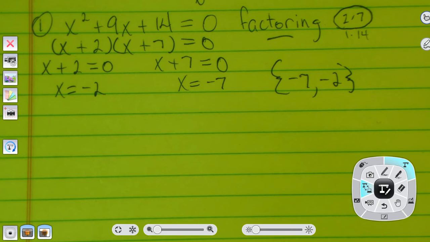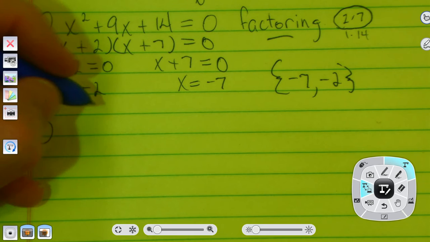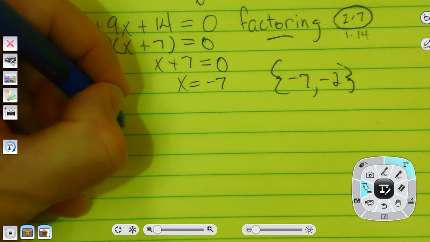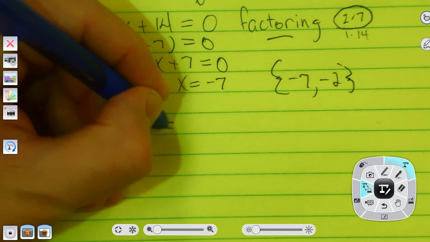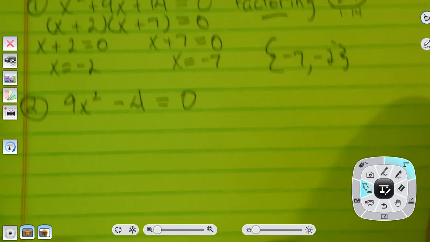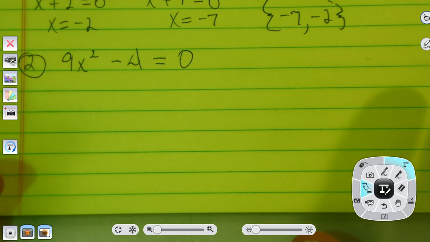We're actually going to look at 4 examples. Let's look at a second example. This one is 9x squared minus 4. What do you see missing in that quadratic? It's the b term. There's no x.